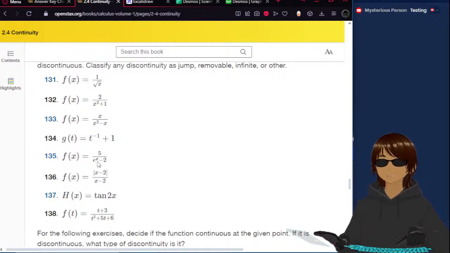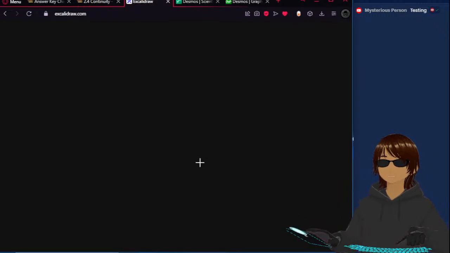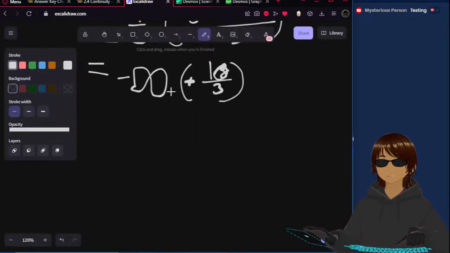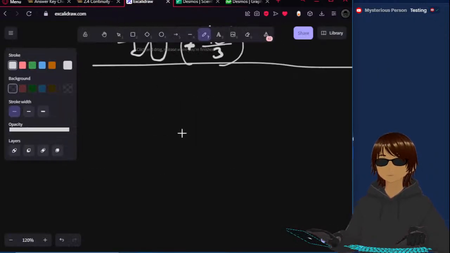5. e to the power x minus 2. So that would be like ln of e. ln of e times 2, I think. It would be discontinuous here.